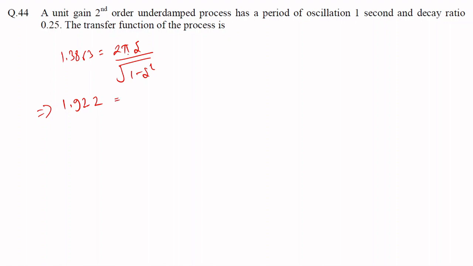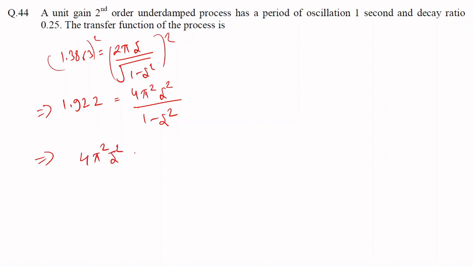So we are taking square of this, it will become 4 pi square zeta square upon 1 minus zeta square. From here we will bring 4 pi square zeta square is equal to 1.922 minus 1.922 zeta square, and on solving this we can get the value of zeta as 0.2154.